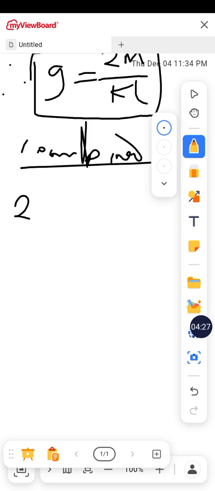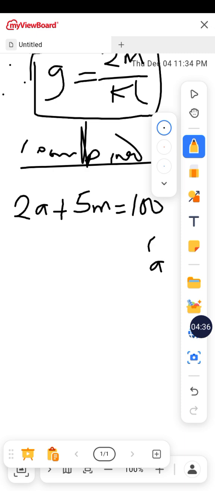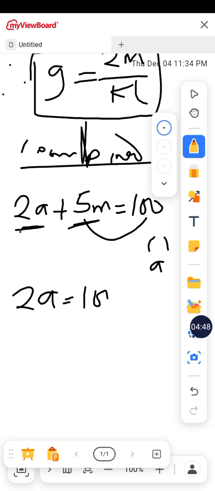Let's say I have 2a plus 5m equals 100. And in this case, I've been told to make a the subject of the formula. So what is disturbing your 2a first and foremost? That's plus 5m. Collect it to the other side. So we have 2a equals 100 minus 5m.